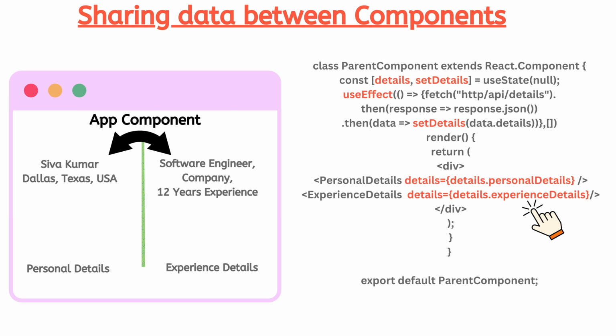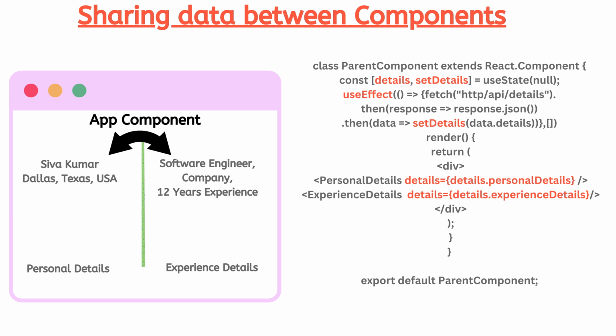This is the child component for the parent component. And for the next one, experience details, we are also passing a parameter called details, with the experience details for this. So this is how you can share the data from the parent component to the child component. There should be a property and a value. This is how you can share the data from parent to child.